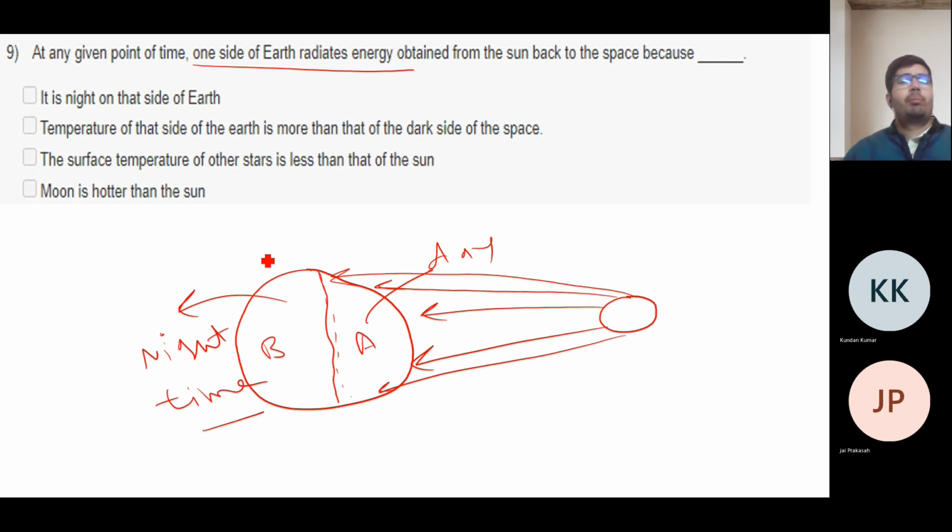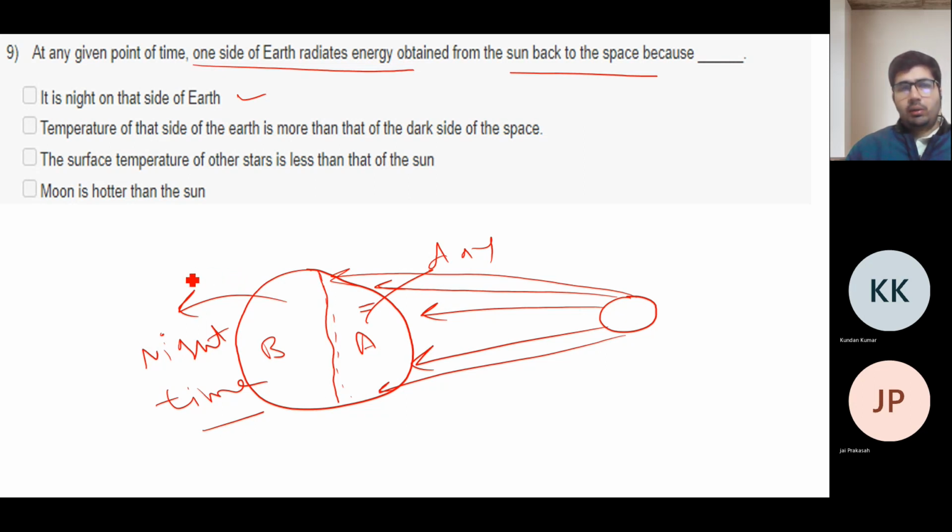The question is, at any given point of time, one side of Earth radiates energy obtained from the Sun back to the space, because it is night on that side of the Earth. This part is receiving the energy at this particular time, but we know the Earth is also rotating.